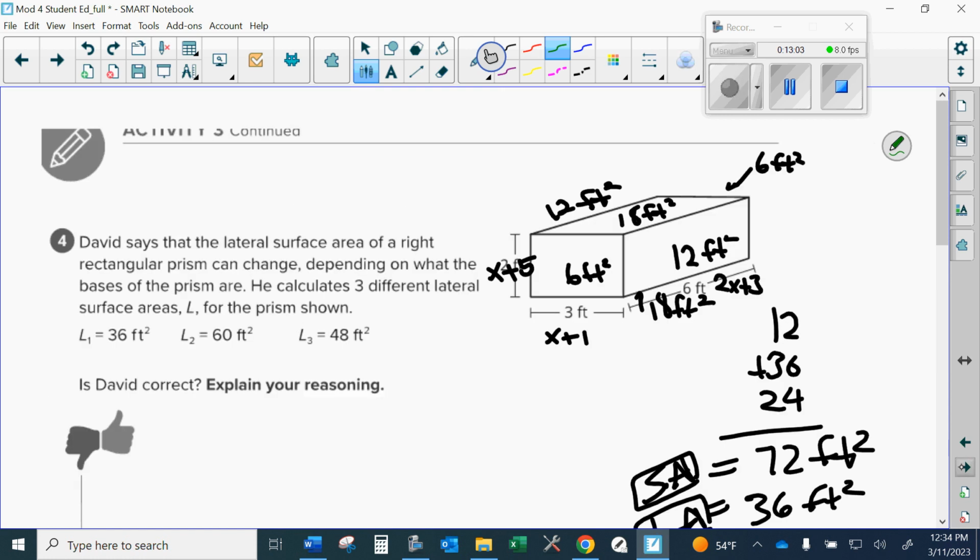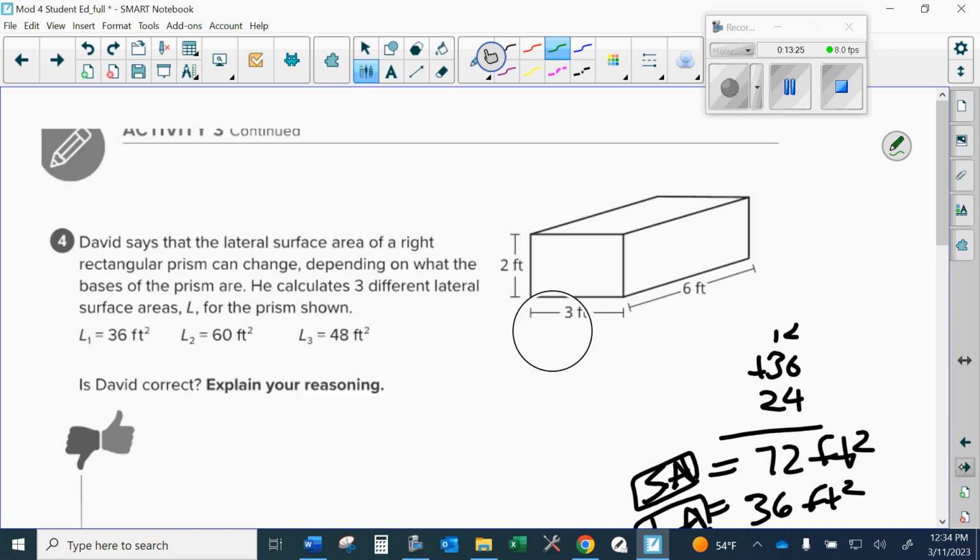So here's an application, a true problem here. He calculates 3 different lateral surface areas, lateral area 1, 2, and 3. Is David correct? So we calculate the lateral area of each one here. Let's fill it in here.